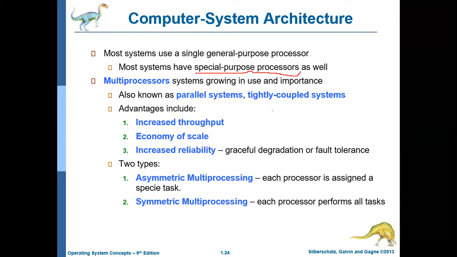Whereas the CPU that is placed in the system is called a general purpose processor. So what does it mean by general purpose? General purpose in the sense that these processors can be used for different types of tasks.